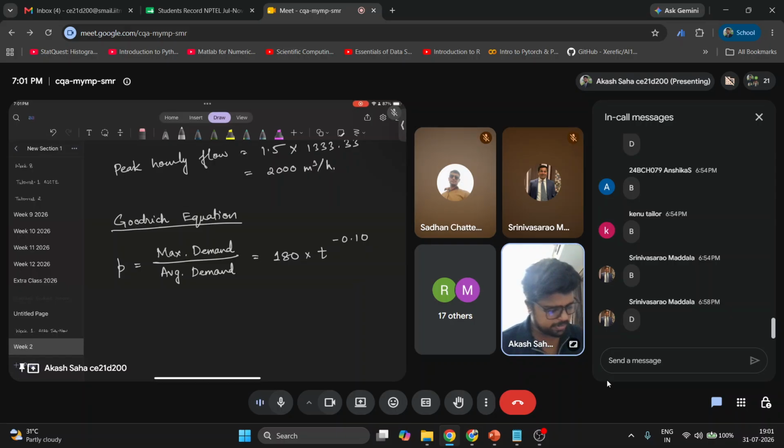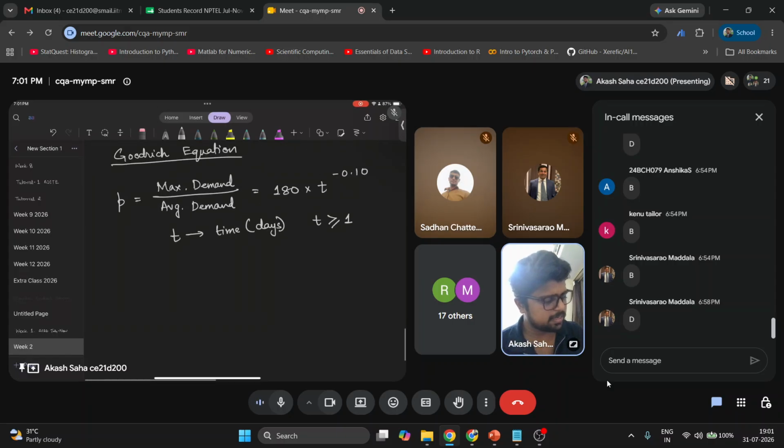But we have to be very careful here. t is time in days, and t should be greater than or equal to 1. Minimum for one day you have to find out.